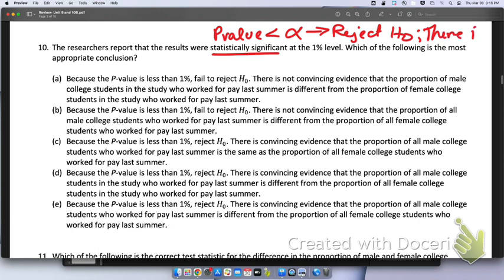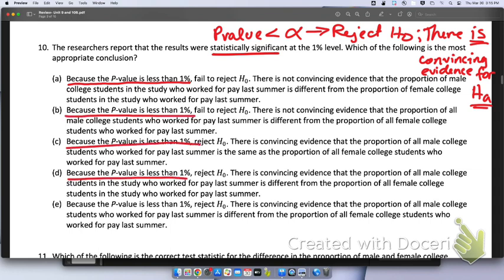Because there is convincing evidence for the alternative hypothesis. So let's see which one we think it is. Because the p-value is less than alpha, the 1%, because the p-value is less than 1%.